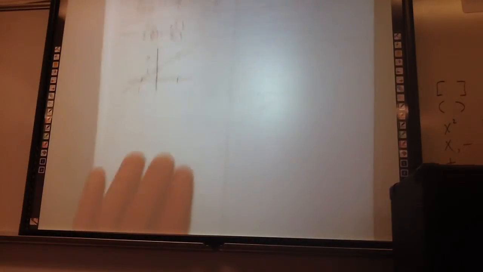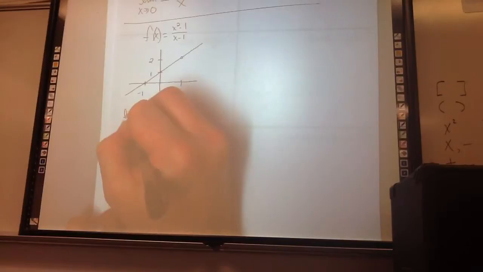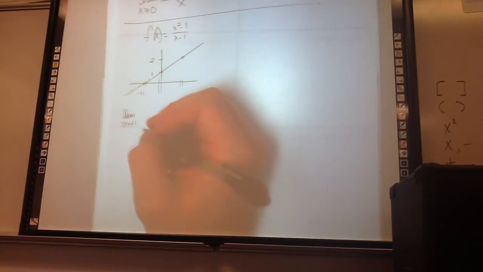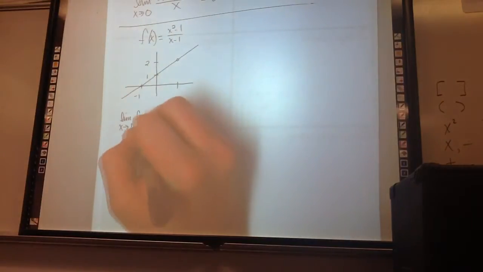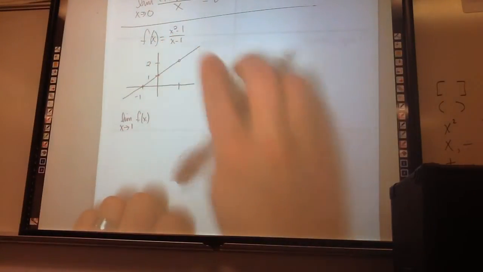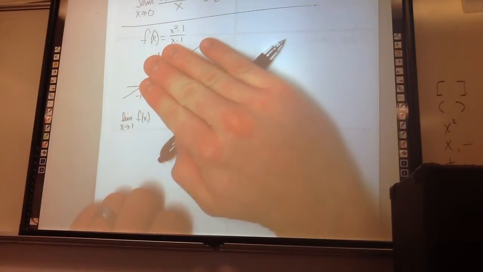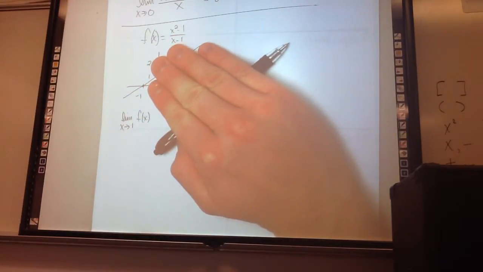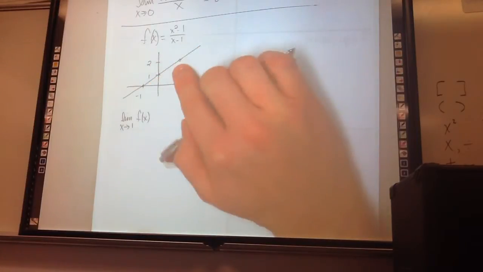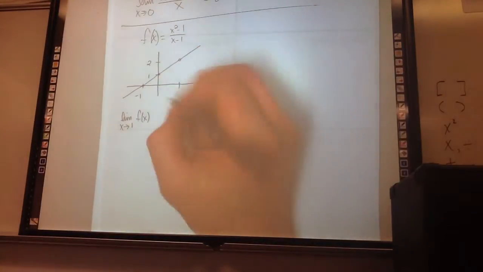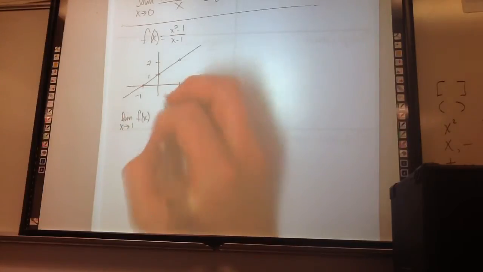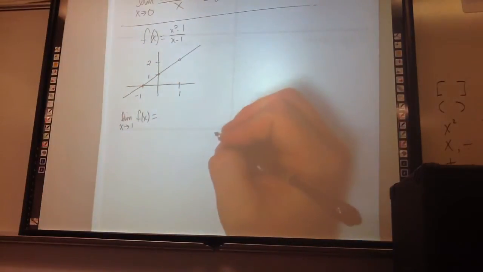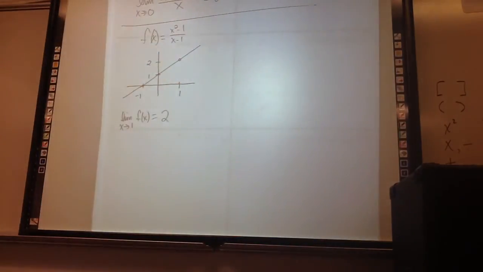Okay, so if I said find the limit as x approaches 1 of this function, here's another example where substitution doesn't work. If I just plug in 1 to this function, does it work? No, because you're dividing by 0. But looking at this graph, as x gets really, really close to 1, what does y get close to? 2. So the limit is 2, even though there's a hole there.